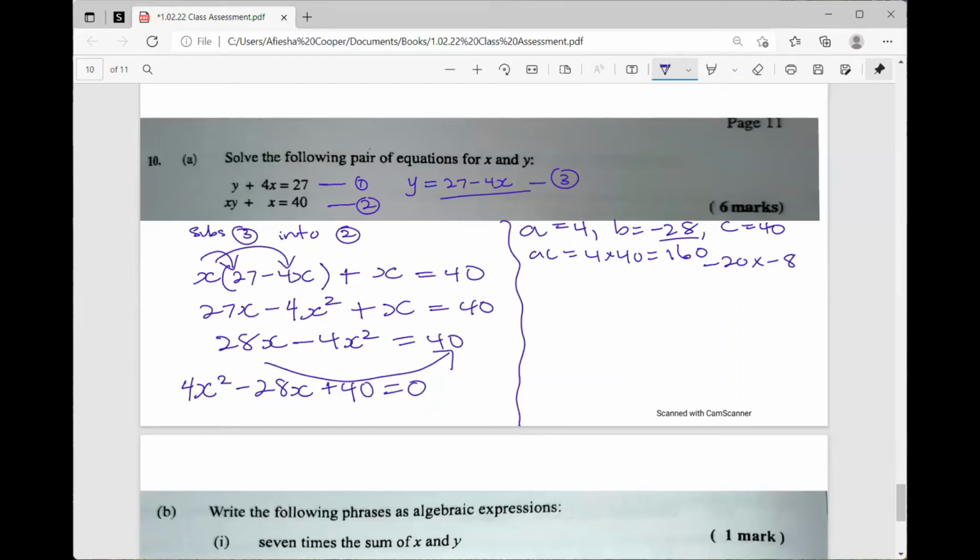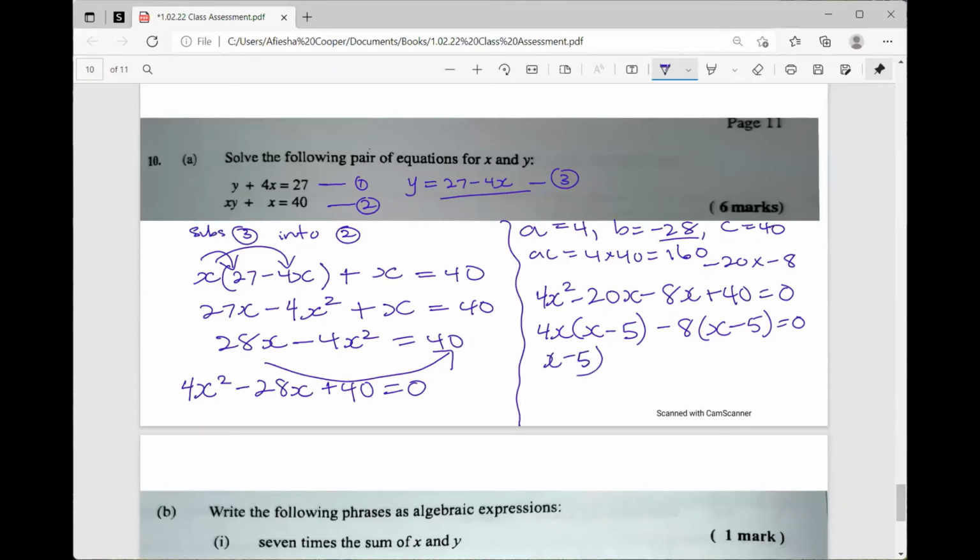Yours will be different. So 4x squared minus 20x minus 8x plus 40 equals 0. I can factorize 4x, x minus 5, from 4x squared minus 20x. I can take out minus 8, x minus 5 equals 0.